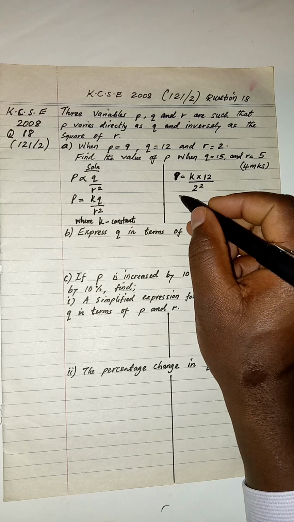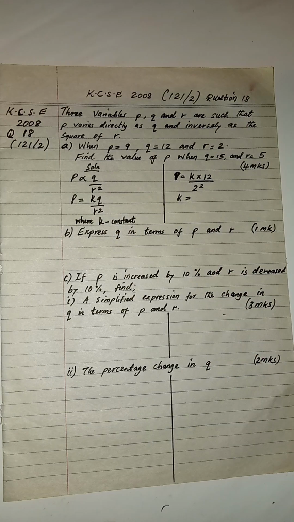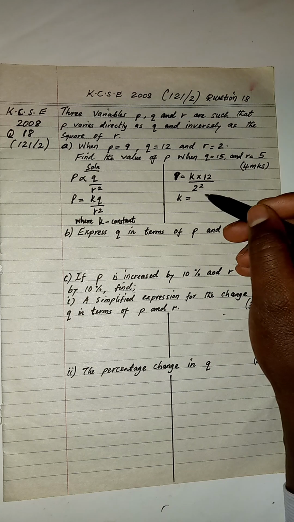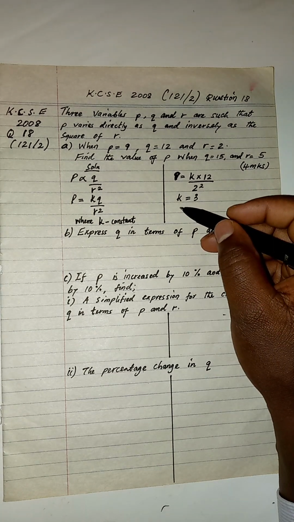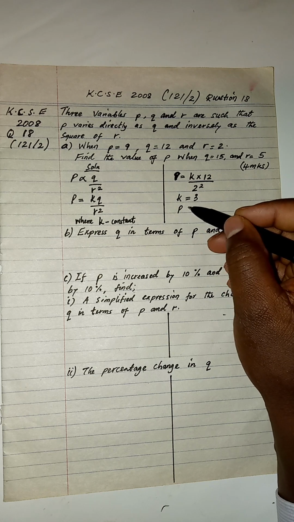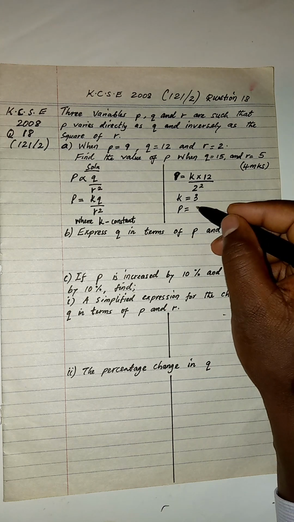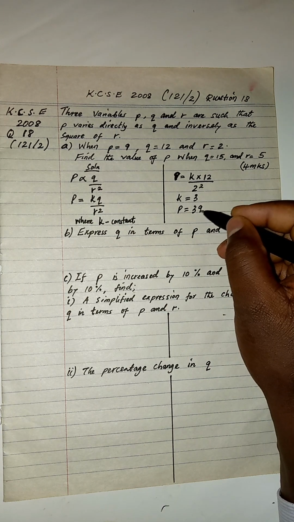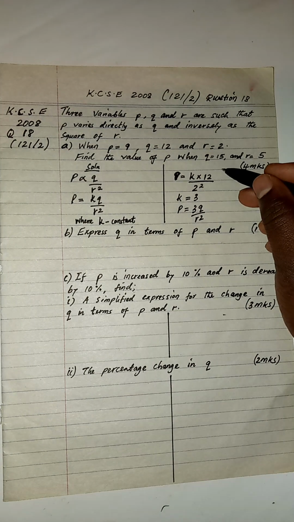Therefore, from here, our K will simply be equal to 3. Now our equation mathematically will be P is equal to the value of K, which is 3, times Q over R squared.